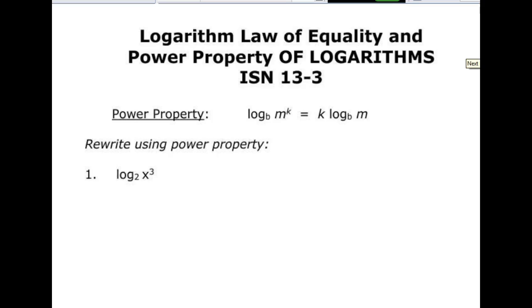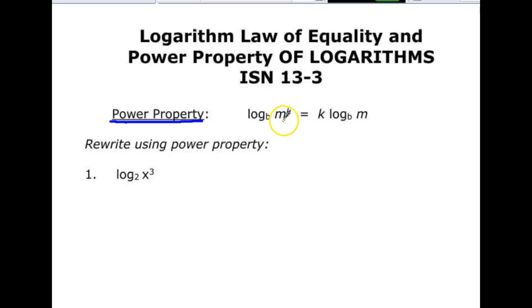Now, in order to help us solve our log equations, we are going to need to know this power property of logs. There are some other properties of logs that we're not going to learn in this class that you're going to learn in pre-cal. But we're going to need this property in order to help us solve equations.